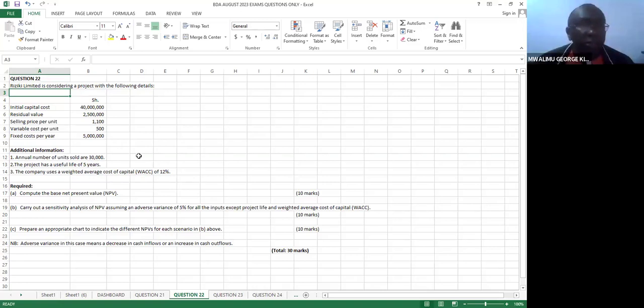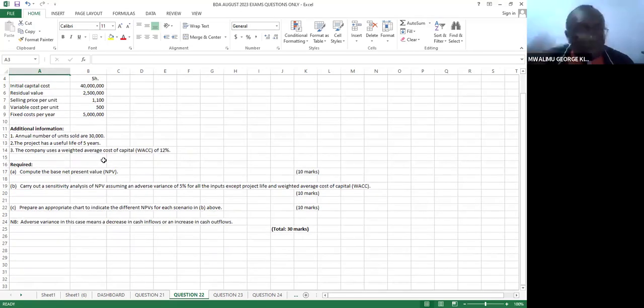We are told Rizik Limited is considering a project with the following details. We have the initial costs, the residual value, the selling price, the variable cost, the fixed costs, and the number of units sold. The project has a useful life of 5 years. The company uses a weighted average cost of capital.